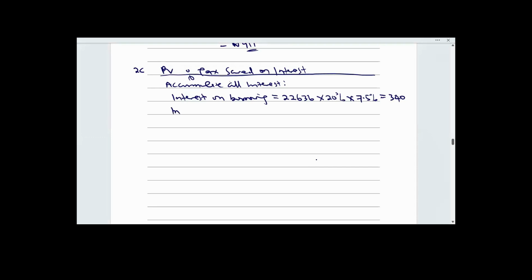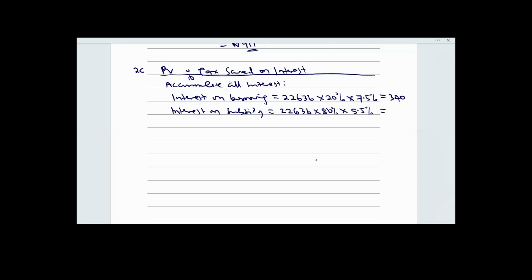Then interest expense on subsidy is equal to 22,636, where the proportion of subsidy is 80%, multiplied by the interest rate on the subsidized loan of 5.5%.